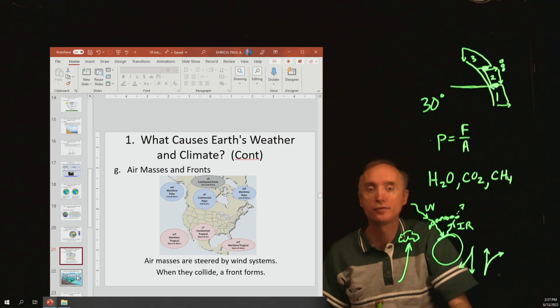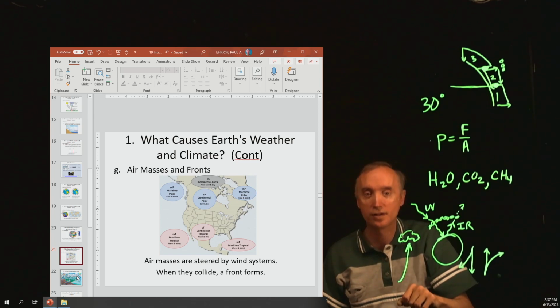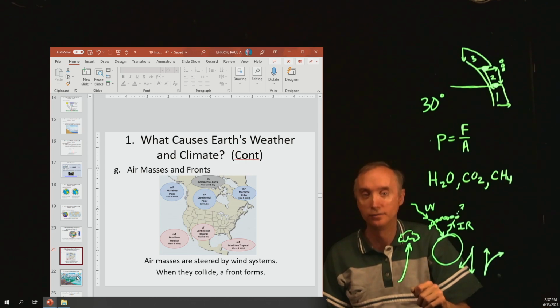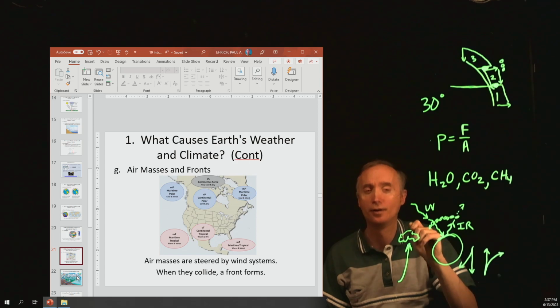But then you also have to include, is it occurring over the ocean? So that's going to be maritime. So you can have moist cold air, or you could have moist hot air if it's over an ocean. If it's over a continent, it would be dry. So you could have dry cold air, and you could have dry warm air as well.